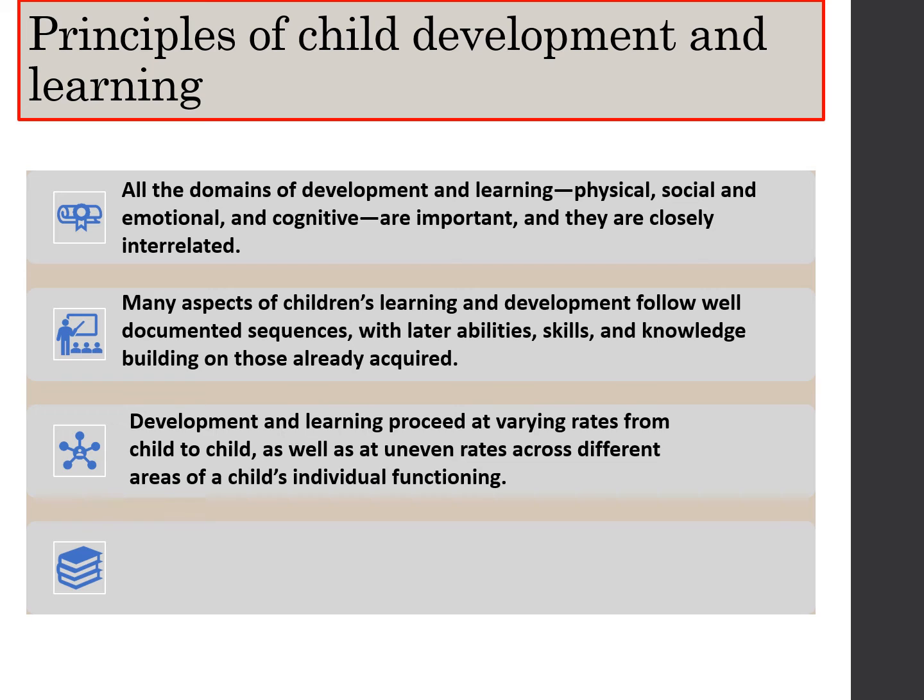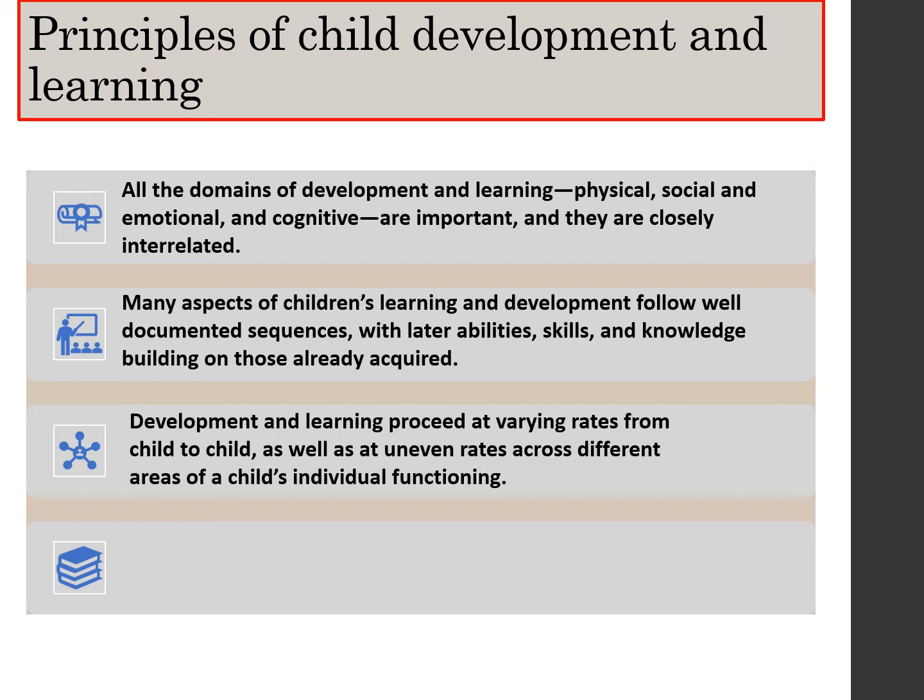All children have their own strengths, needs, and interests, given the enormous variation among children of the same chronological age. A child's age is only a crude index of developmental abilities and interests.